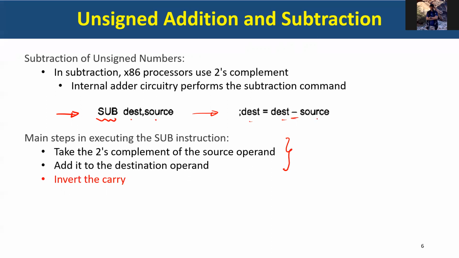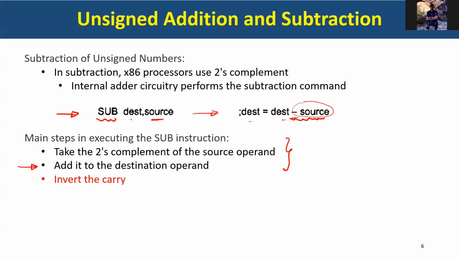First, you will take the 2's complement of the source operand, this operand here, which will be negative, and we said that in our processor we don't do subtraction, we actually do addition. So in our subtraction we convert this source operand to its 2's complement, and we're gonna add.